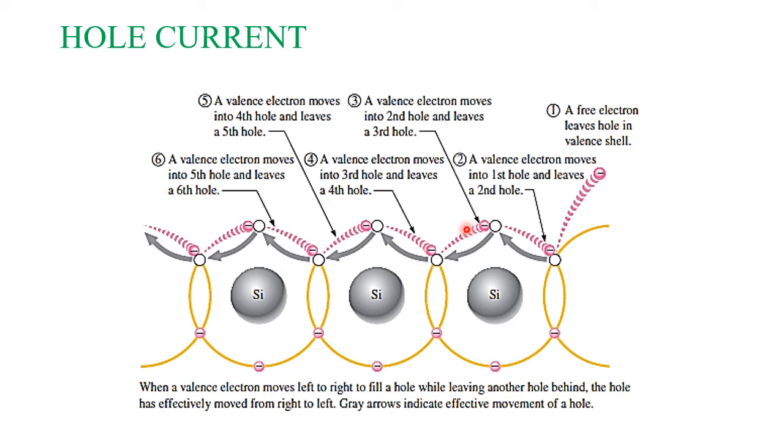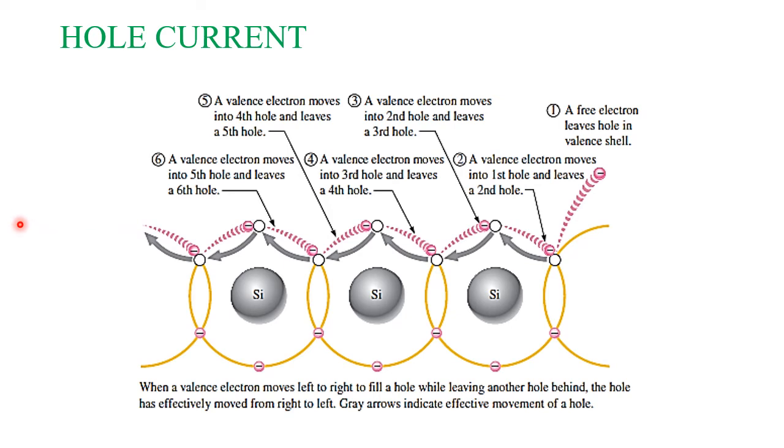Similarly, a valence electron moves into the third hole leaving a fourth hole, then into the fourth hole leaving a fifth hole, and into the fifth hole leaving a sixth hole.